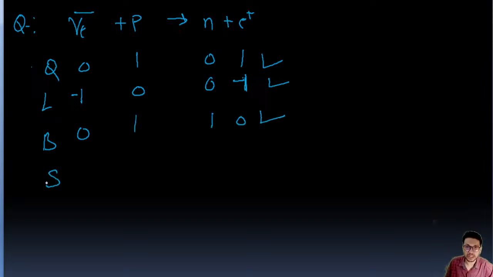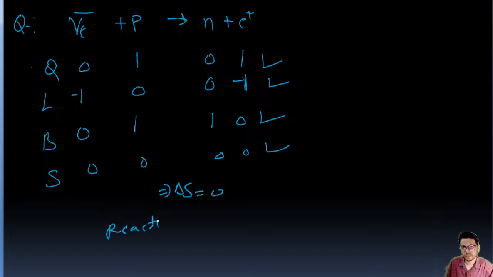And then we'll check strangeness. This is 0, 0, 0, 0, right? So delta S is equal to 0, and these are conserved, which means the reaction is allowed.